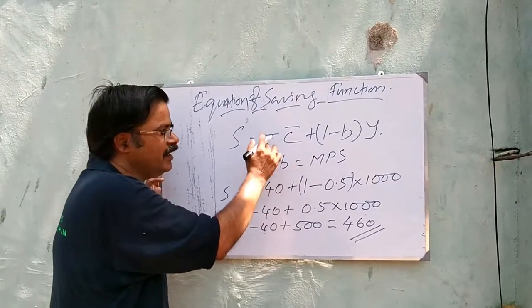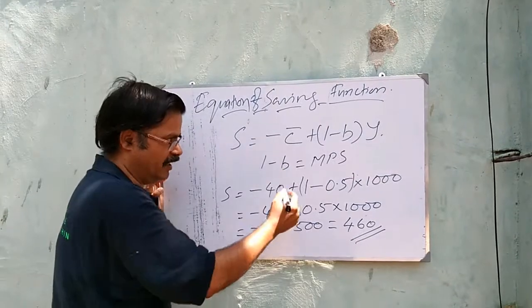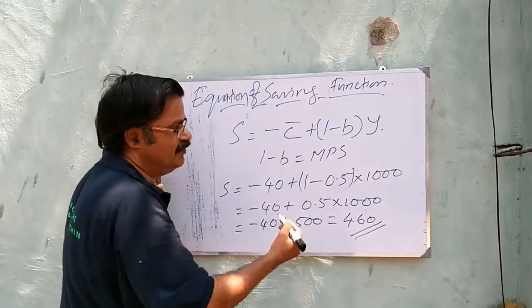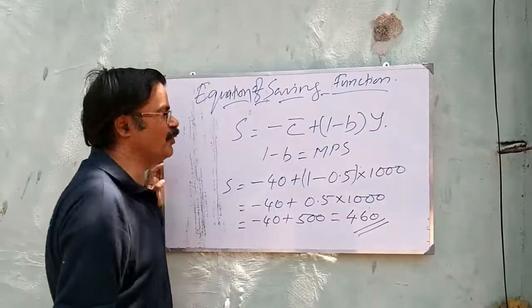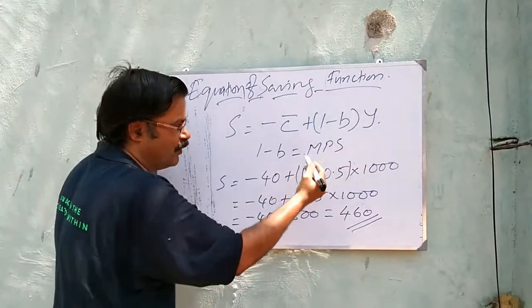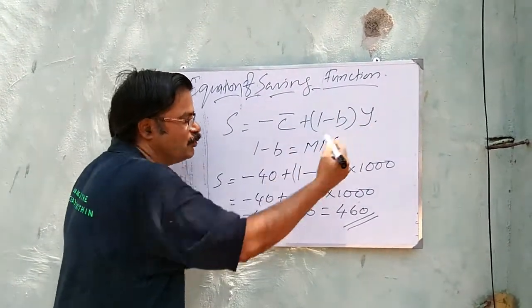I mean the negative of autonomous consumption, that is dissaving, plus 1 minus B, 1 minus MPC, which is equal to MPS into Y. So minus C bar plus 1 minus B into Y. That means dissaving plus MPS into Y.